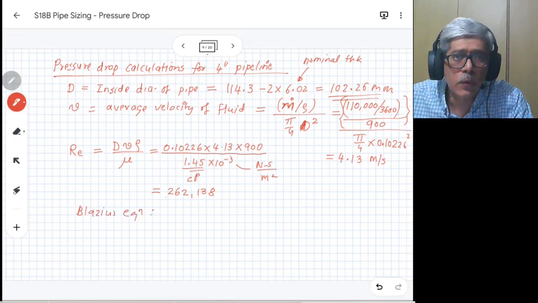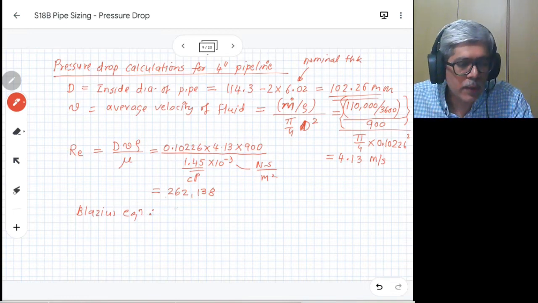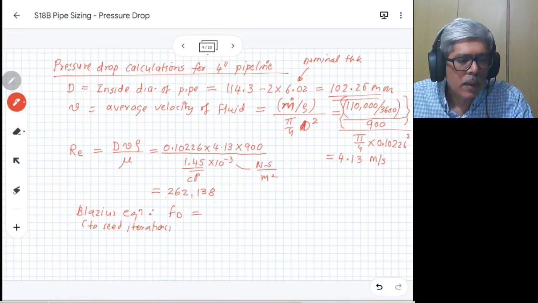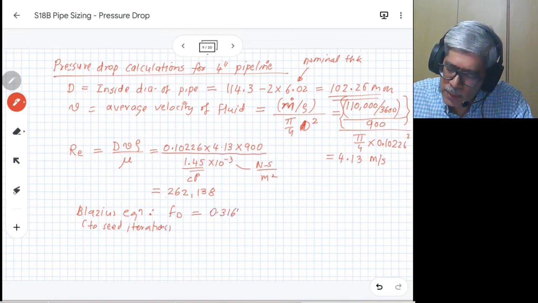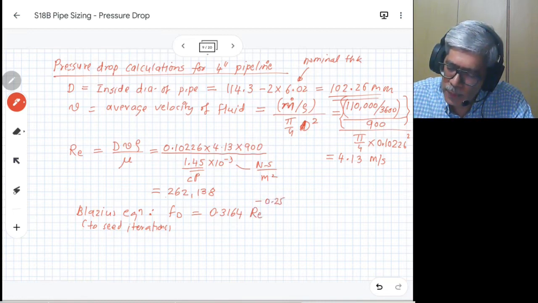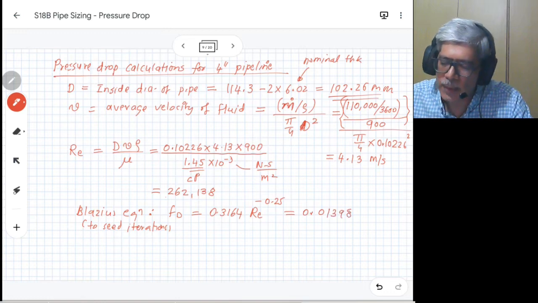So note that this is just to seed the iteration, and this is not the actual factor. So FD can be estimated, that is to seed iterations, as 0.3164 Reynolds number raised to minus 0.25. So if you substitute the value of Reynolds number, we'll get the friction factor as 0.01398.